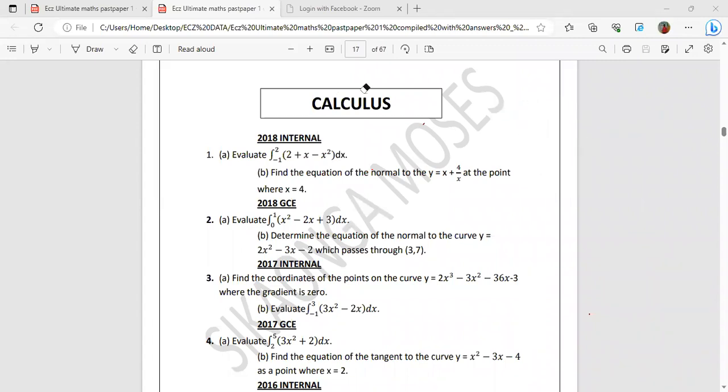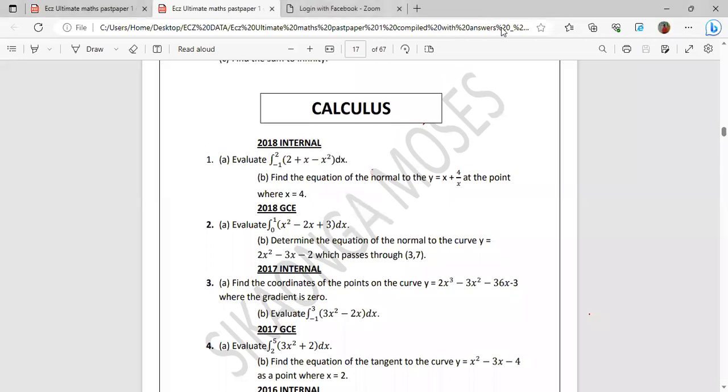This question is very simple also. So for B, find the equation of the normal. So y equals x plus 4 over x, where x is equal to 4. Here, the first thing we needed to do is get the y value.